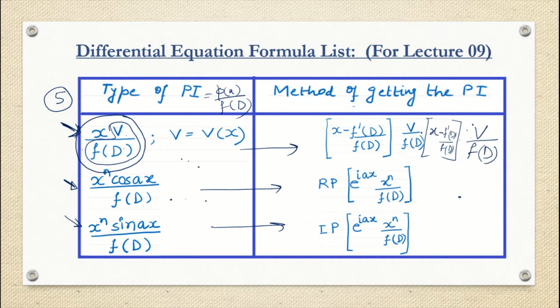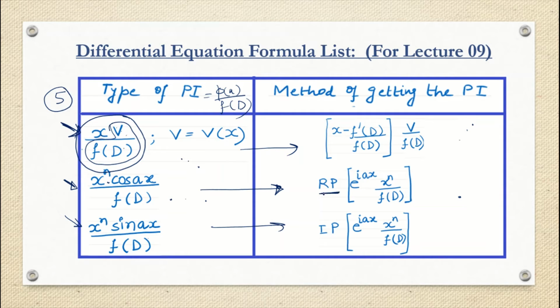Now if the power of x is not 1, if the power of x is 2, 3, 4, anything, and if x to the power 2 or 3 is multiplying with cos ax, what will be my answer? If the form x to the power n cos ax by fd is present, I am going to solve this PI with this method. This is the real part.